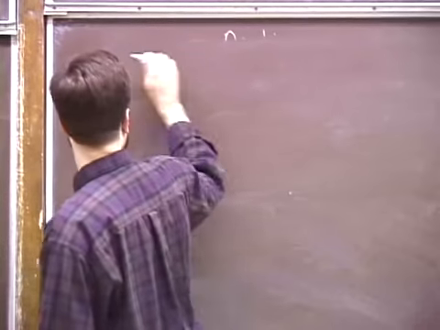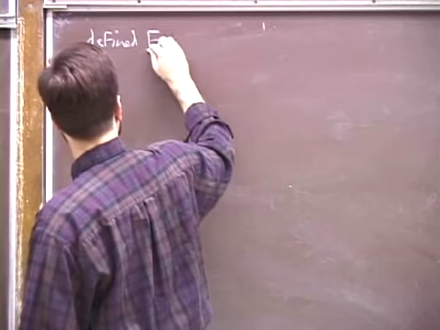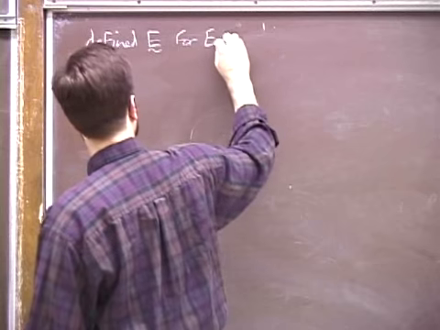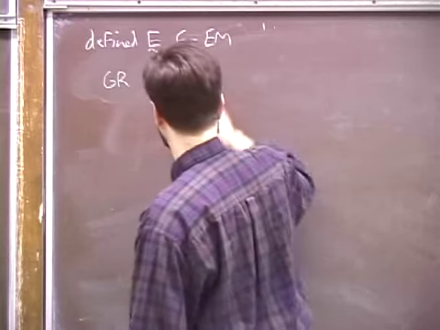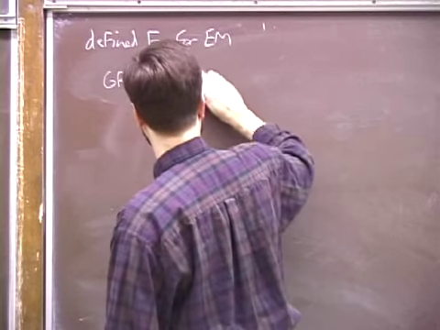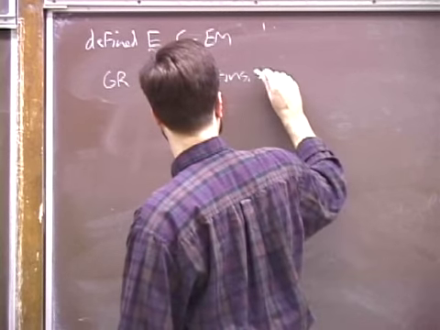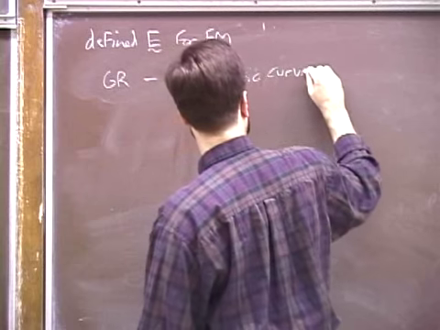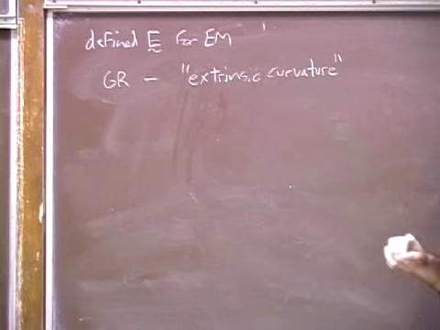So in order to make Einstein's equations look nicer, there's one more variable that I want to define. Remember, for E and M, I define this E field. For GR, I'm going to define something that has a name that sounds very good, something that's called the extrinsic curvature.